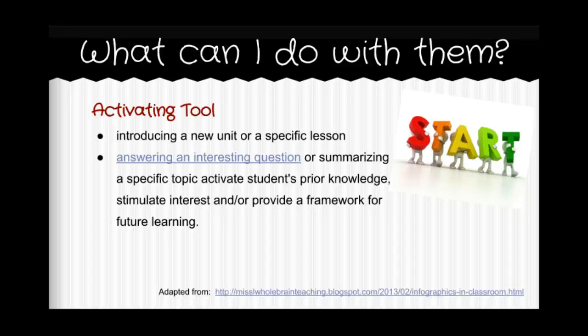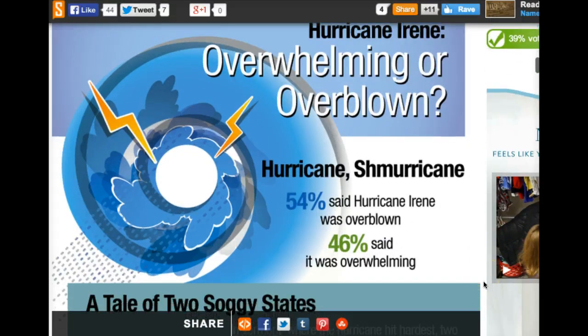The first immediately attracts interest to the topic, and the second provides a good overview of the topic in general. Either type of infographic could be used to activate students' prior knowledge, stimulate interest, and or provide a framework for future learning.